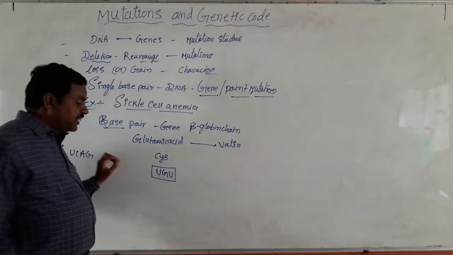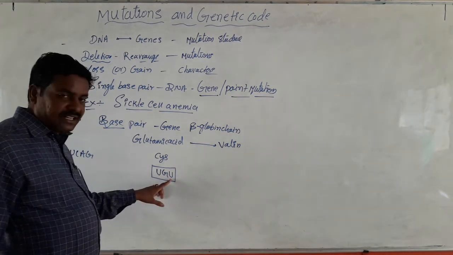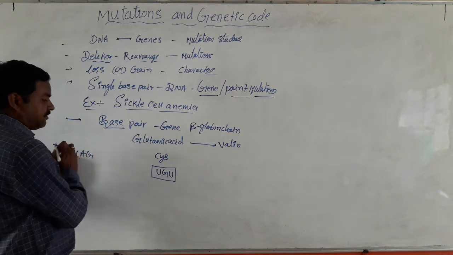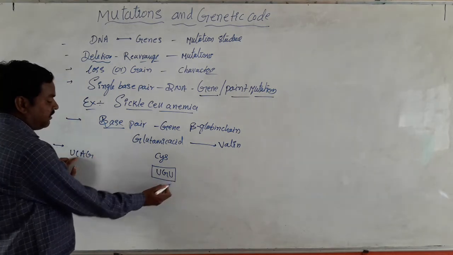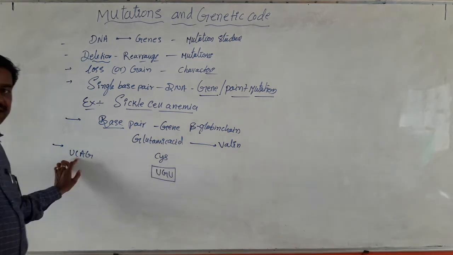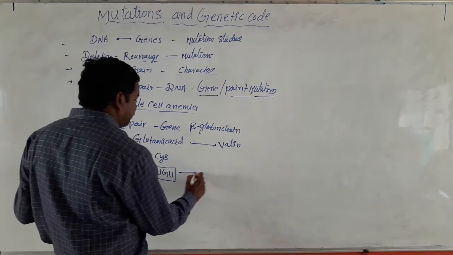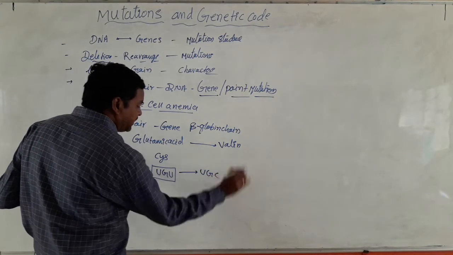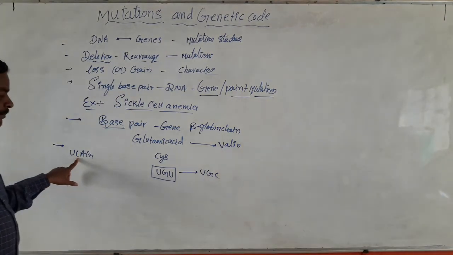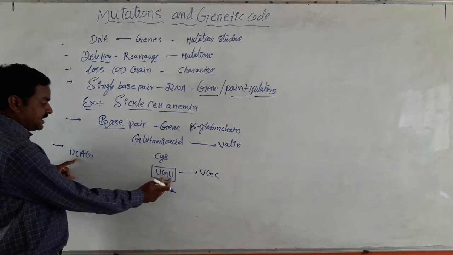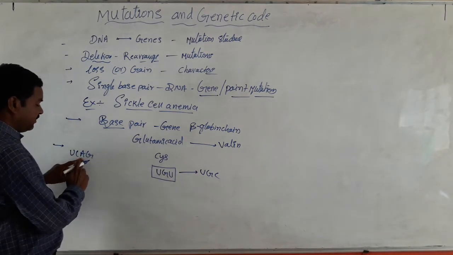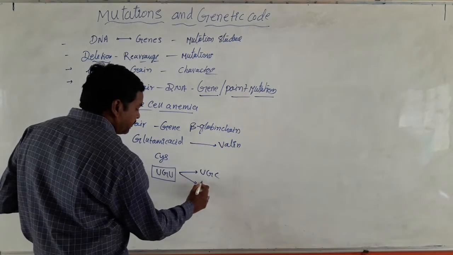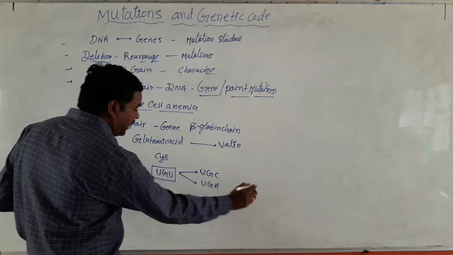For example, when the third letter is replaced by C, it leads to the formation of the codon UGC. Maybe the third letter is replaced by A, leading to the formation of UGA.